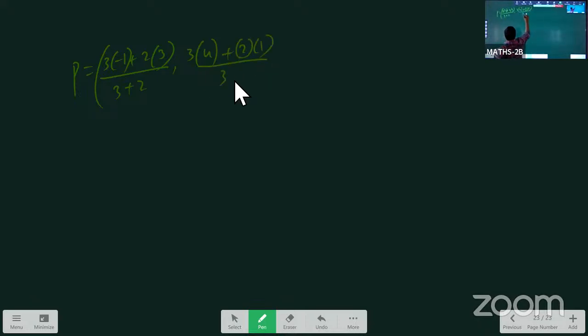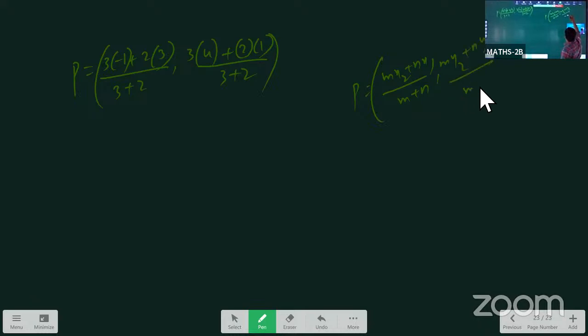Now let us find the point P, which internal section formula you are going to use. So P is equal to (3 times minus 1 plus 2 times 3)/(3 plus 2), comma, (3 times 4 plus 2 times 1)/(3 plus 2). What is that formula we are using? (m x2 plus n x1)/(m plus n), comma, (m y2 plus n y1)/(m plus n).